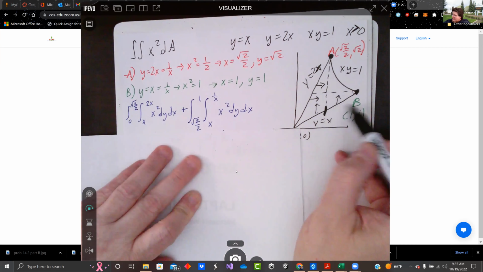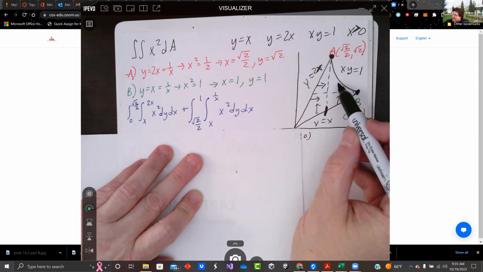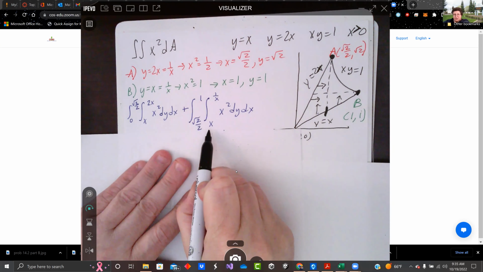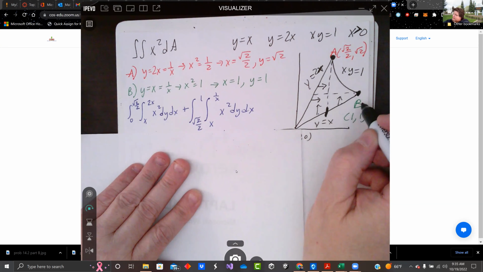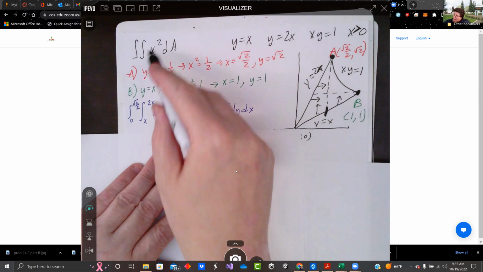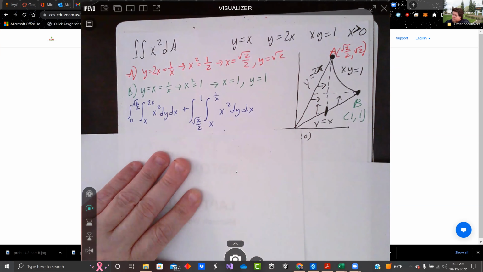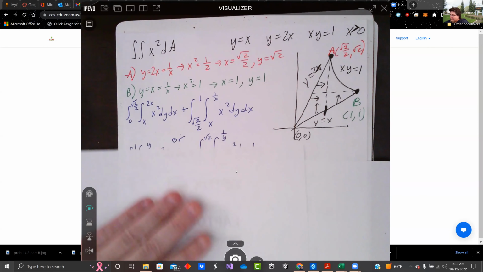And then for the right half, we're going from x to 1 over x, as we see in our limits of integration here. And from here, we're going from root 2 over 2 to 1. The function was x squared. We're doing dy dx.